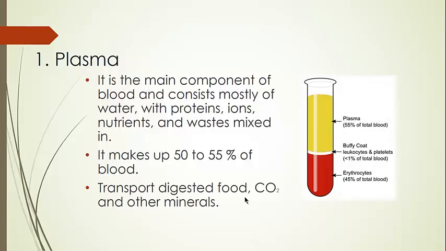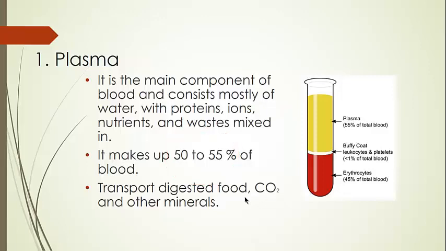It transports digested food, carbon dioxide and other minerals from one part of the body to the other. So this is plasma, the main component of blood. Why is it the main component? Because of its composition: it is 50 to 55% of the blood.